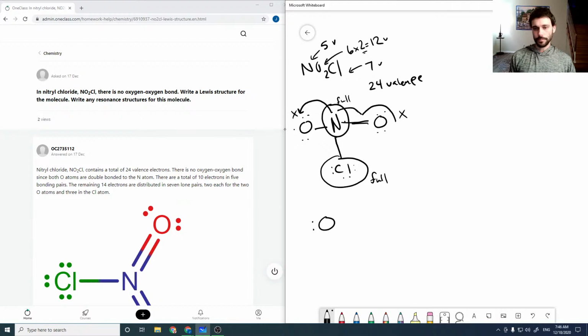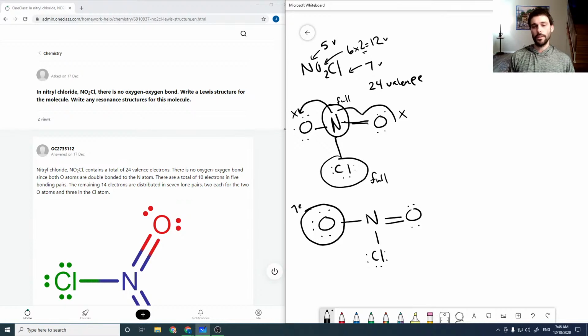So if we redraw that, we've got this with a double bond to oxygen and chlorine. And now if we count up, we see that everyone has a full octet. If we count up our electrons around each of the species, we have 1, 2, 3, 4, 5, 6, 7. So there's 2 electrons on a bond, but we only take half of that for how many is actually around it.